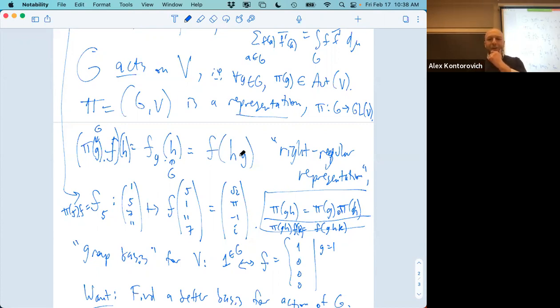If I put things on the right, yes, I want to do pi of G. I'm sorry, this is supposed to go in the order of the group. This is supposed to be pi of G. Thank you. If you're supposed to do G then H, then you should apply G, then apply H.